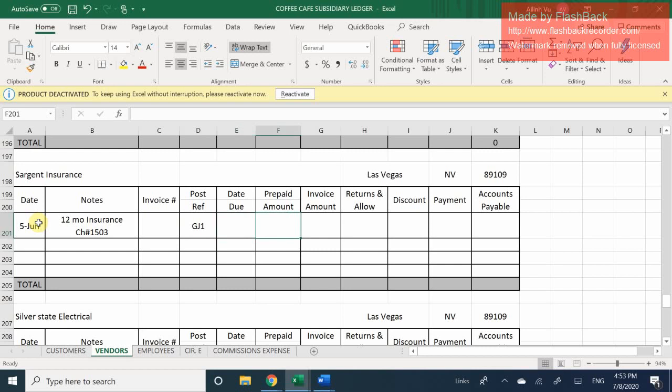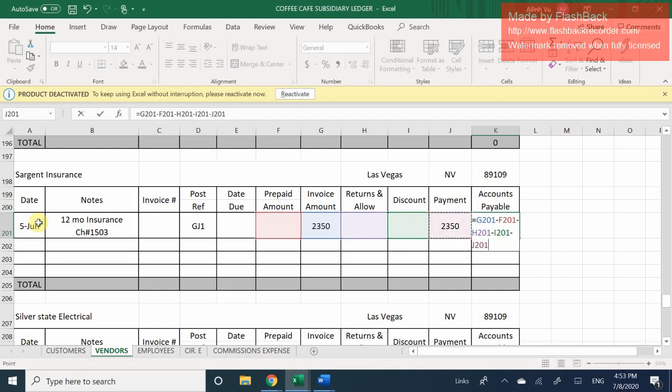I did not make any prepaid accounts before that, but my total invoice amount was $23.50. Because I paid for the whole thing, I wrote a check for $23.50, and my accounts payable should indicate that I do not owe anything because I've already paid it off. Yes, it should be 0.